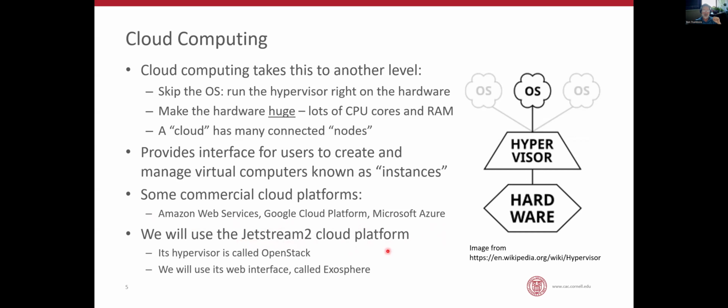And it is based on a hypervisor called OpenStack. You probably haven't encountered that, but you will need to interact with OpenStack, even if it's a little indirectly, to create the instances that you want to run, the virtual computers, and to manage them. And we're going to do that interaction in this tutorial through a web interface called Exosphere.